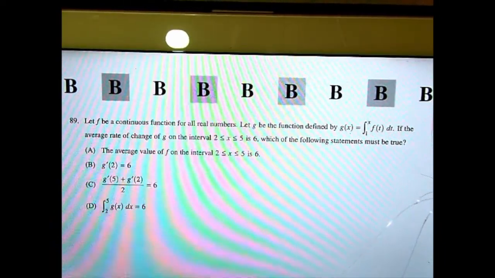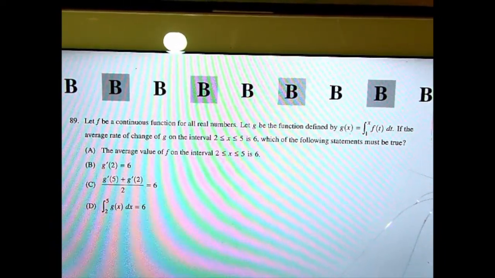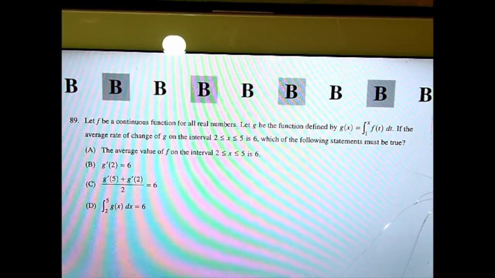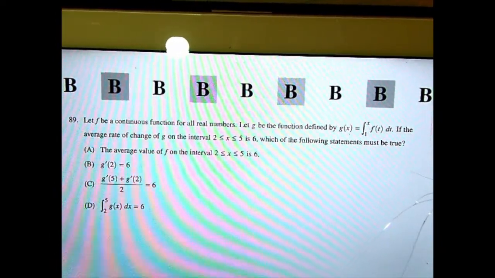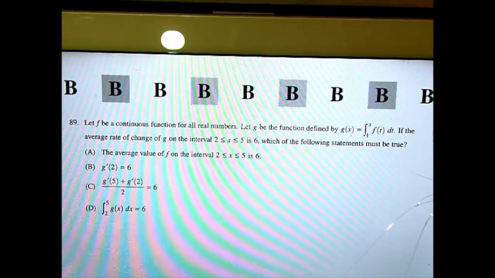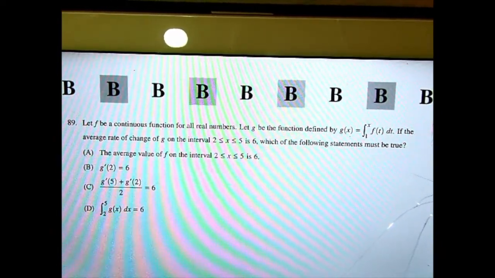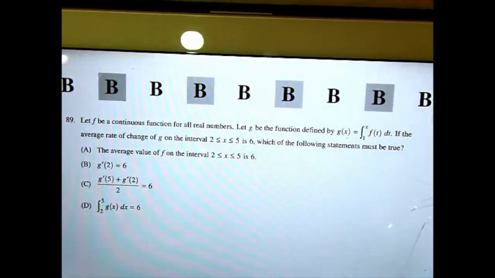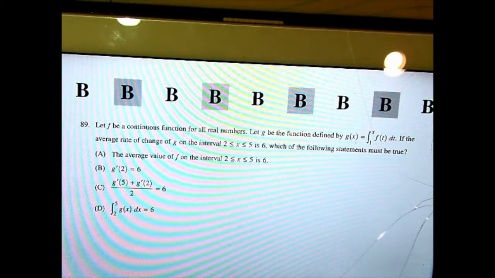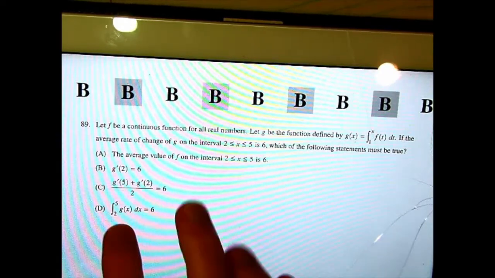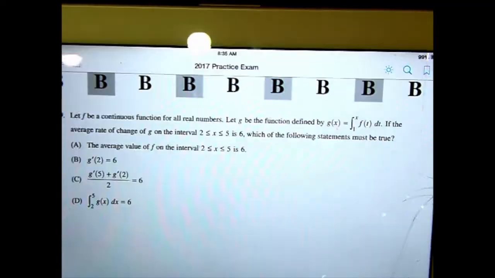If the average rate of change of g on the interval between 2 and 5 is 6, which of the following statements must be true? There are some statements about the average value of the function, about the derivative of the function, and some other integral. So let's just try and interpret the information that they're giving us.